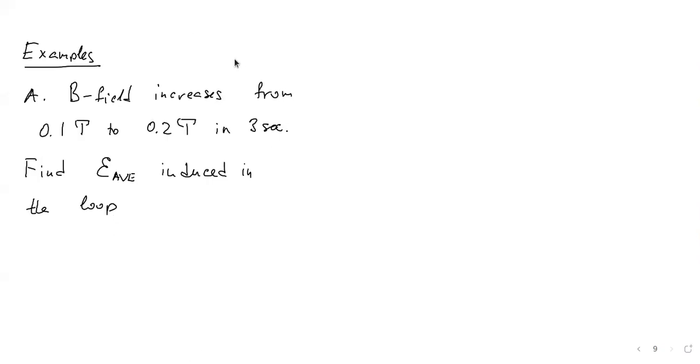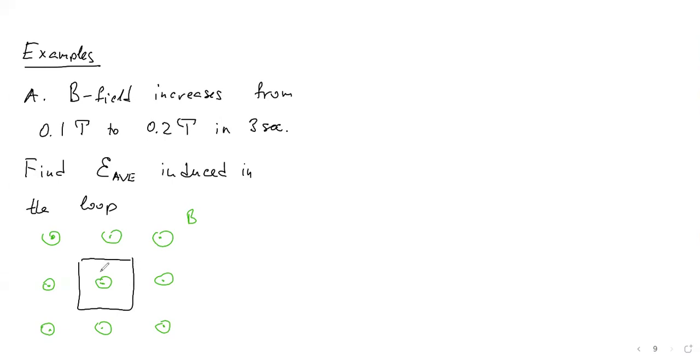So let's say you have a magnetic field out of the page. In this case, I'm going to change the strength of the magnetic field only. I'm not going to change the number of turns or angle or area. And I have, let's say, a square loop.